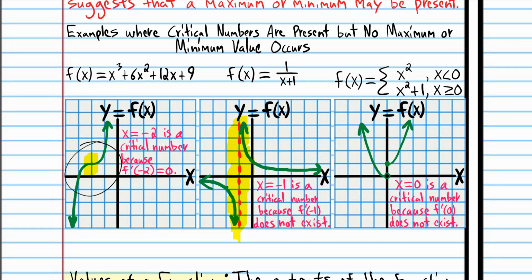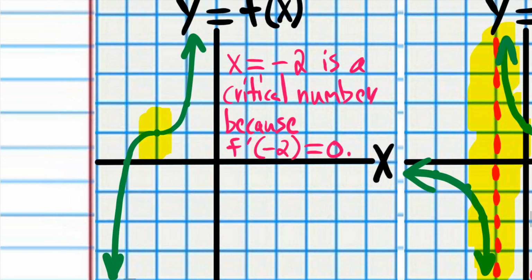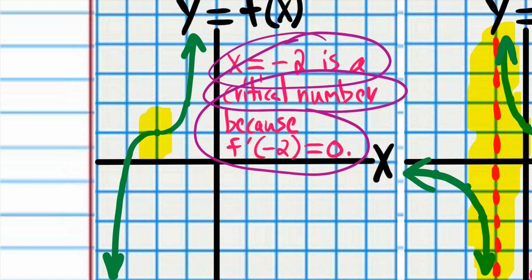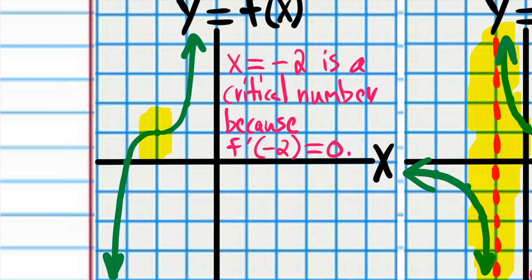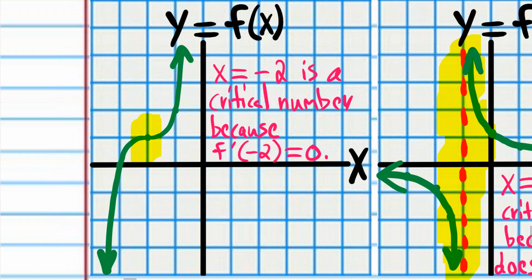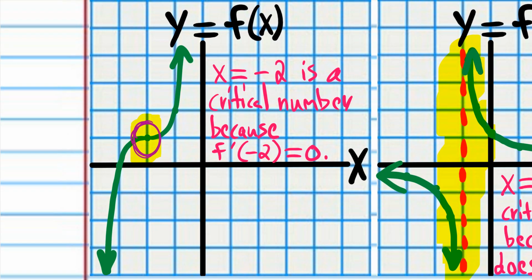So notice that this special point here, if you draw the line that is tangent to the graph of the curve at this point, that line, it may not be easy to see, but that line is actually horizontal. So x equals -2 is a critical number because the value of the derivative at that point, -2, is 0. But does this look like a maximum or minimum value? Does the y value of this point look like a maximum or minimum value of the function? The answer is no.